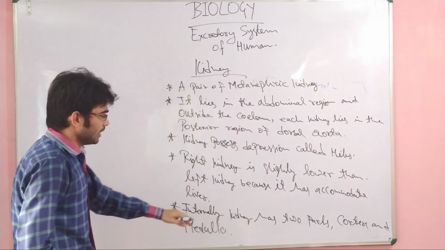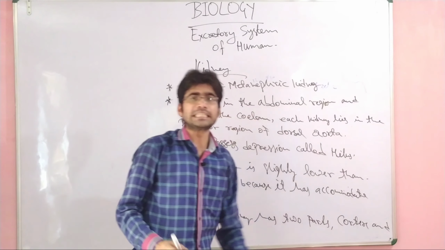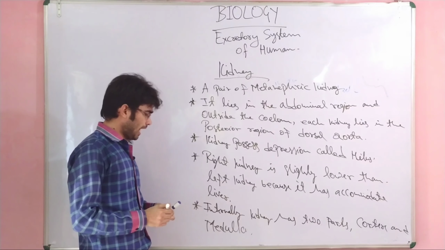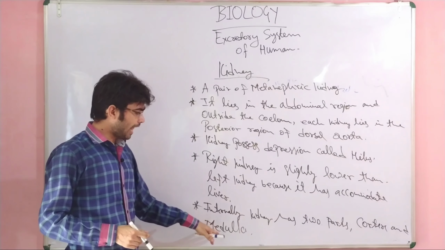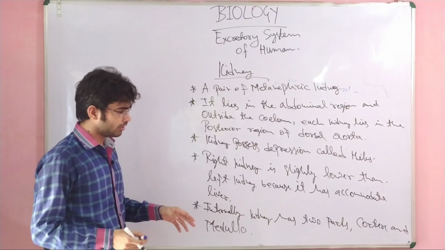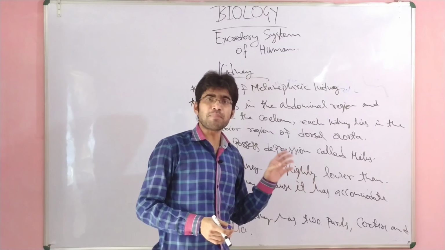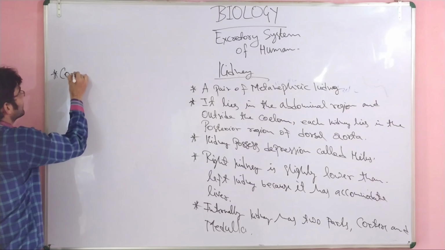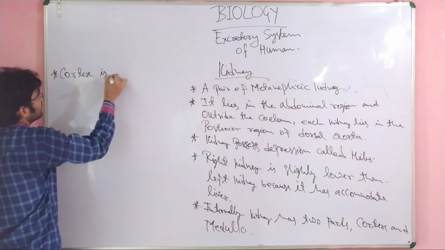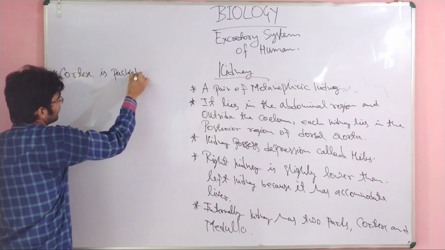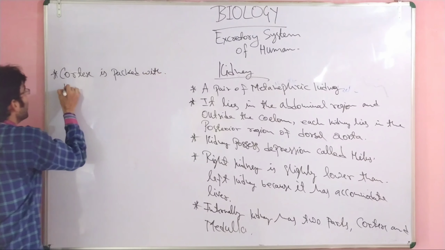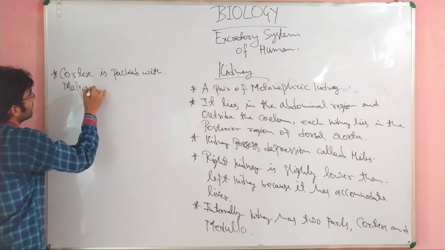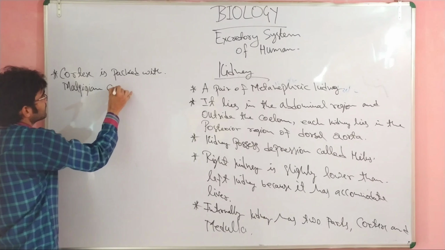The cortex region of the kidney is granular in structure, and the medulla is light and striated in appearance, because the cortex is richly packed with Malpighian corpuscles.